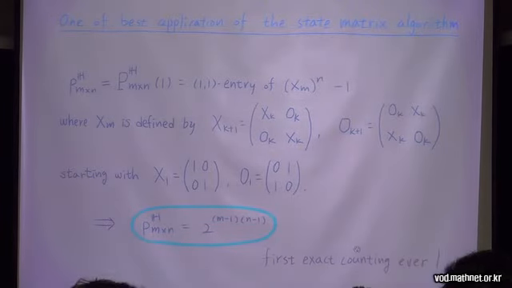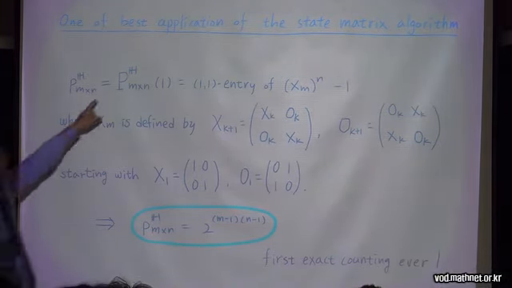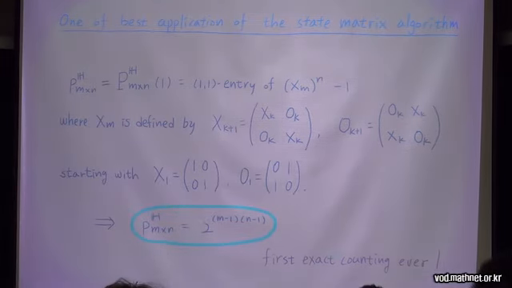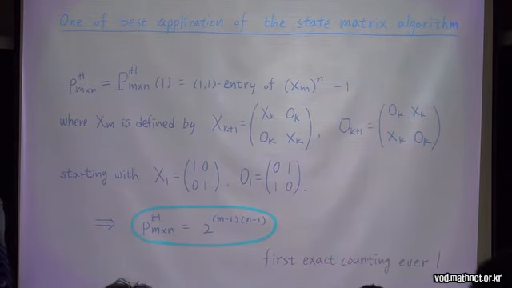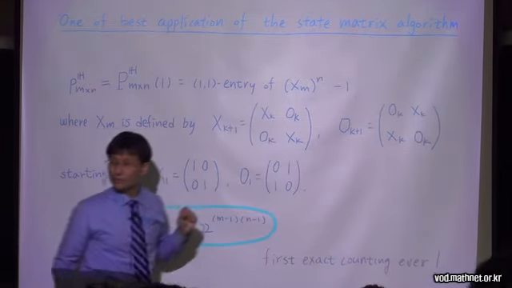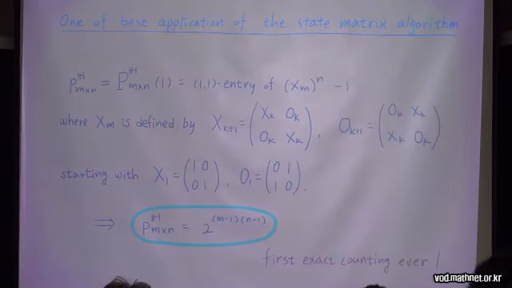Then we get these recurrence relations. Actually, the original recurrence relation is quite difficult to solve for the exact answer. But for this case, we don't have a zero matrix here, so it's quite easy to solve the problem directly.